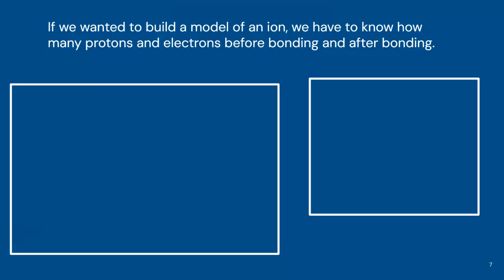Okay, so if we want to build a model of an ion, we've got to know how many protons and electrons we have before and after bonding. And we really need to look at the elements. So for lithium, find it on the periodic table. It is number 3. How many valence electrons does it have? Well, it has 1. Is it going to give 1 away or take 7?